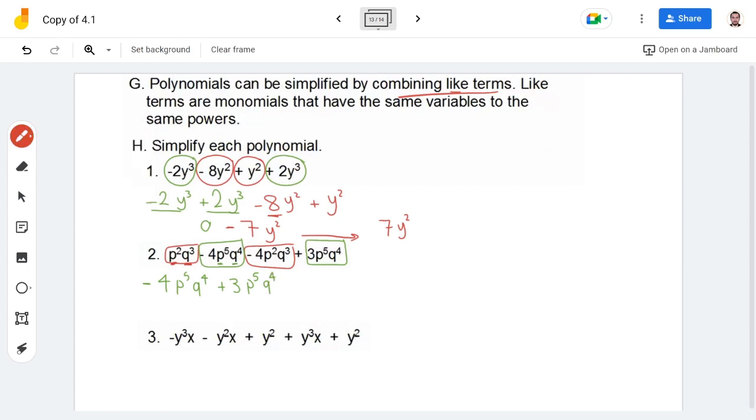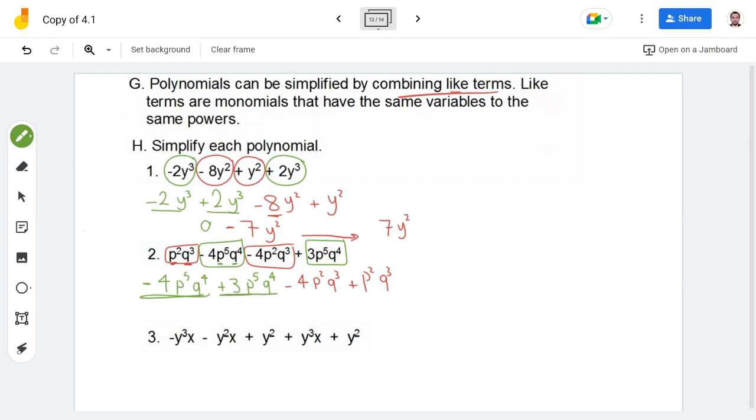Okay, we finished the first one. Then minus 4p to the power of 2, q to the power of 3, plus p to the power of 2, q to the power of 3. Now let's add the like terms together. As you can see here, the variables, you keep them. You add or subtract only the numbers.